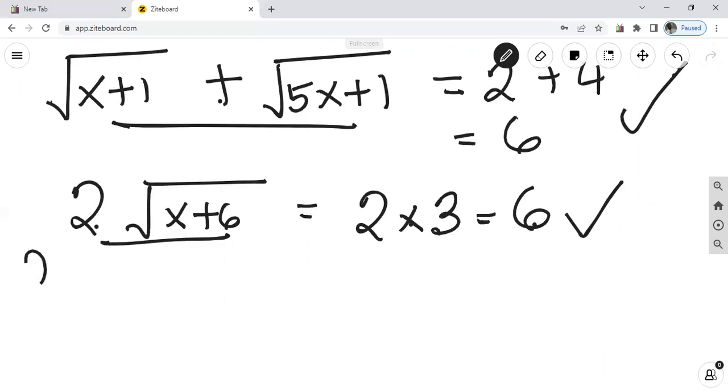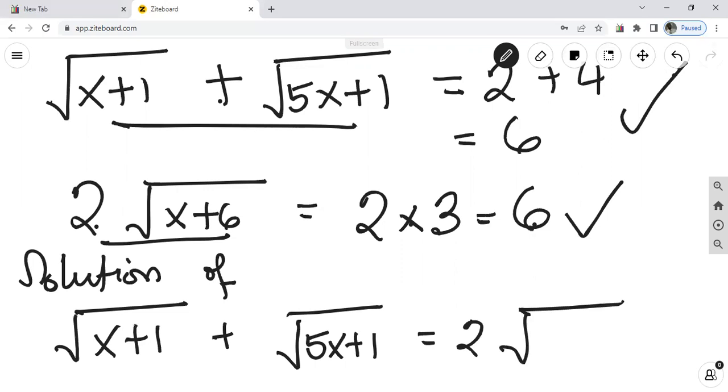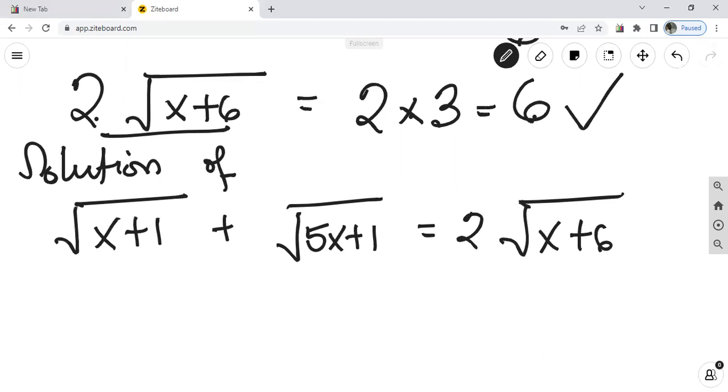Hence, the solution of the problem, the square root of x plus 1 plus the square root of 5x plus 1 equals 2 times the square root of x plus 6, is simply x equals 3.